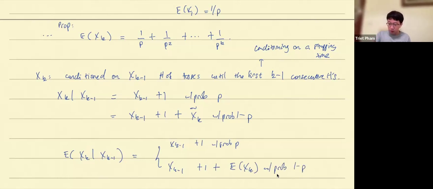Again, this may seem strange, but keep in mind that this guy is a number, a constant, so there's no expectation taken with respect to it. The randomness is this guy, because you don't know, when the experiment resets, what value it will take.